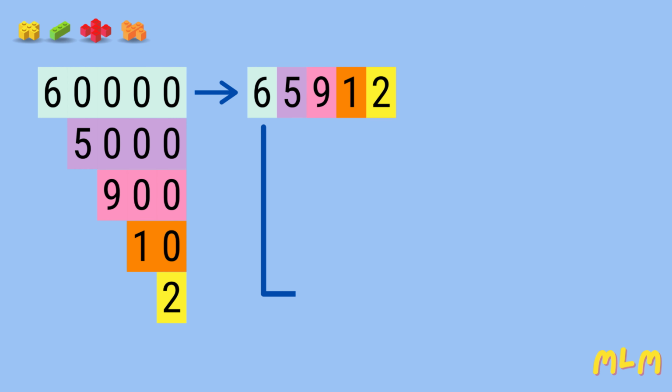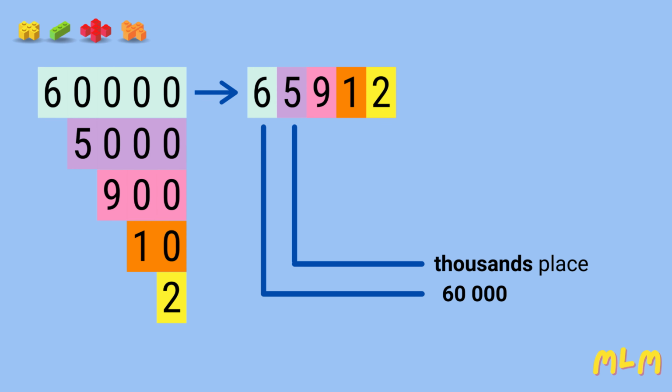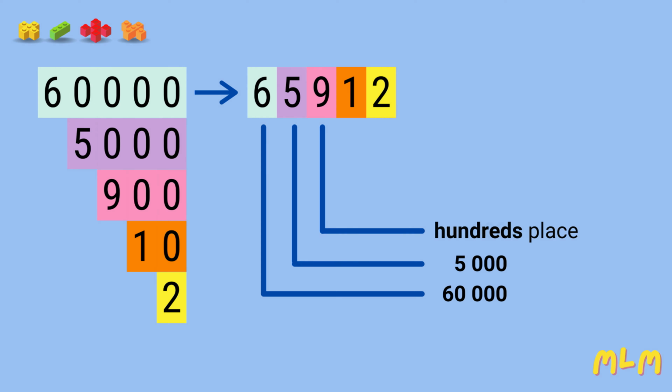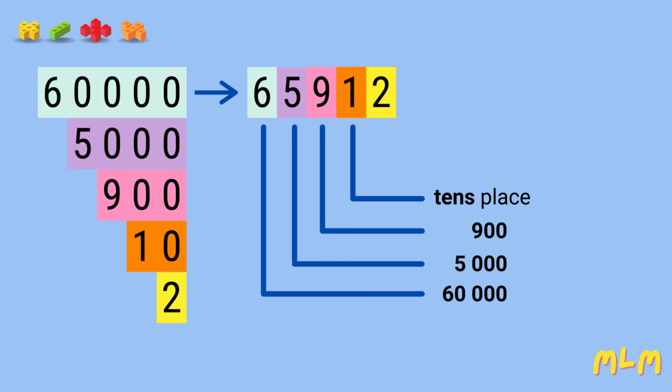The digit 6 is in the 10,000s place and has a value of 60,000. The digit 5 is in the thousands place and has a value of 5,000. The digit 9 is in the hundreds place and has a value of 900. The digit 1 is in the tens place and has a value of 10. And the digit 2 is in the ones place and has a value of 2.